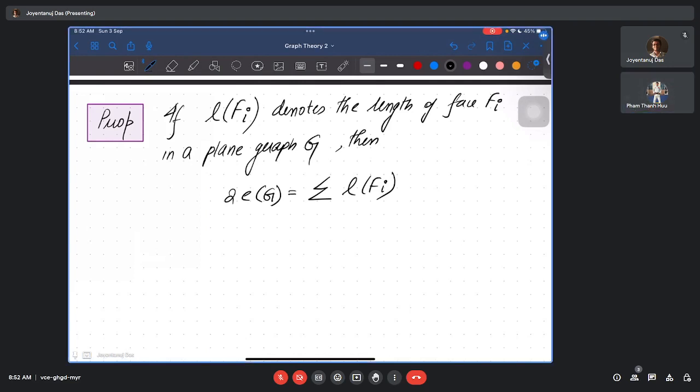Yeah, twice the number of edges is the sum of the lengths of all faces a phi.